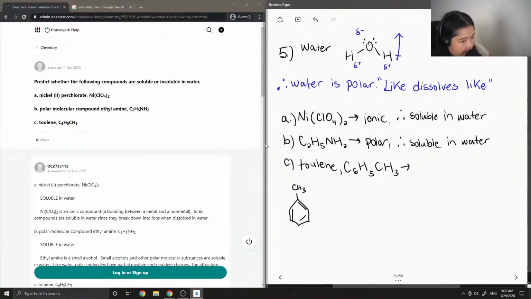So toluene is a nonpolar molecule. So therefore it is insoluble in water.